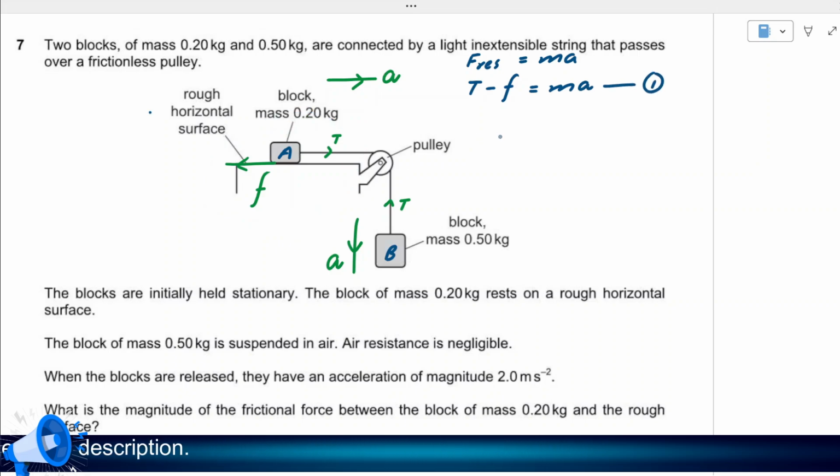Let me write the expression F resultant equals ma for the second object, object B. So the force vertically downward would be weight, mg, weight minus tension equals ma. How do we know it's W minus T, not T minus W? Because it's accelerating downward.